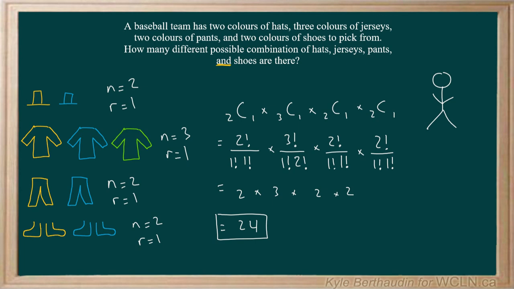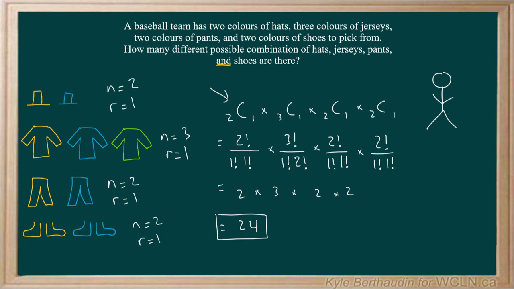Now, there is a simpler way to do this really quickly if you want to stick around. We could approach this problem using our combination formula like we did up here. But you can also approach this problem from a more simple perspective, just by thinking about it from the fundamental counting principle. We have some options we have to choose from, and we're simply choosing one of each of them.